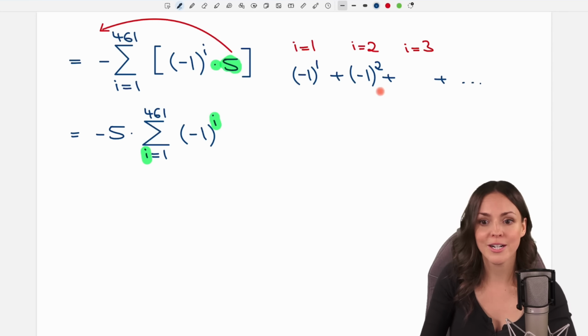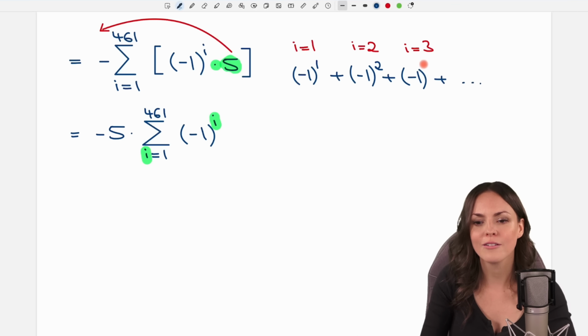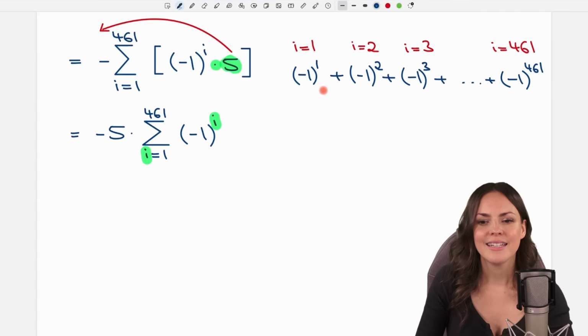I think you get how it works, so that our next thing here is negative 1 raised to the power of 3, and so on, up to I equals 461. And so that we have as our last thing in here, negative 1 raised to the power of 461. Let's pray that there is a pattern in here, because we have to calculate this thing.